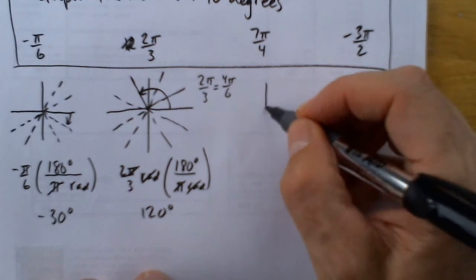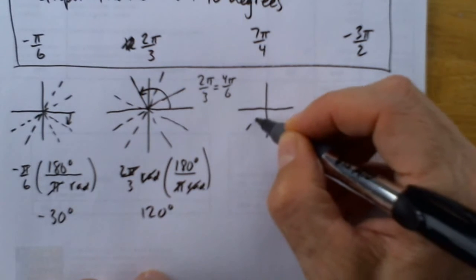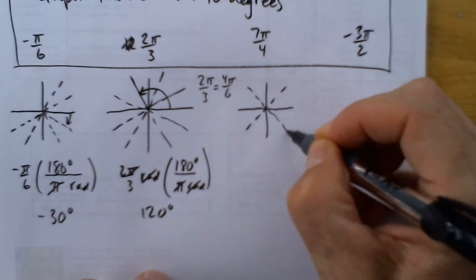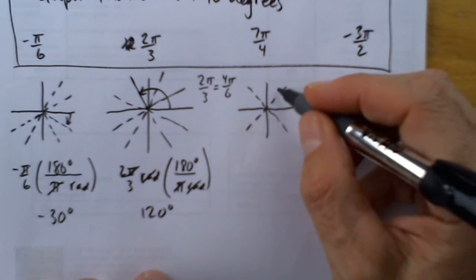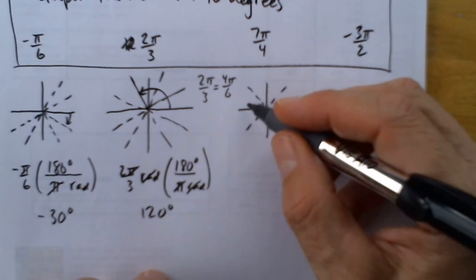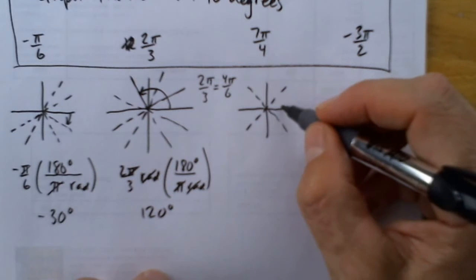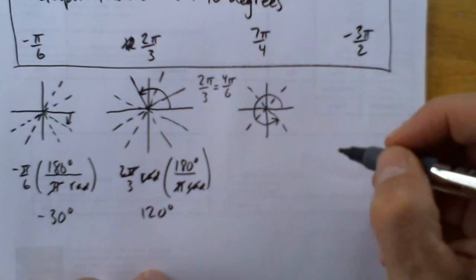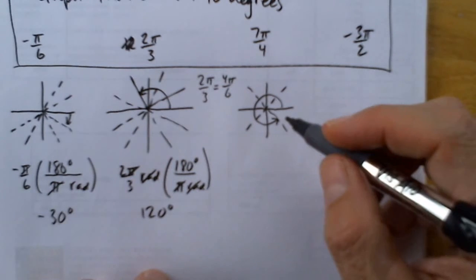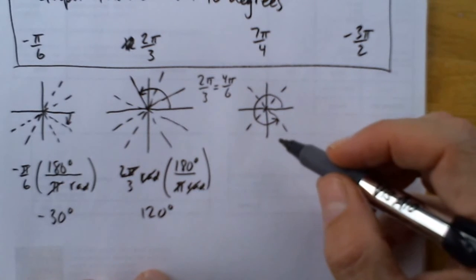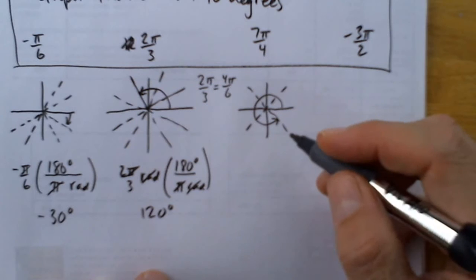Seven pi over 4. So we count 7/4. 1, 2, 3, 4, 5, 6, 7. So we're rotating all the way around there. And we could count by 45s, and we would know that the answer is 315 degrees.